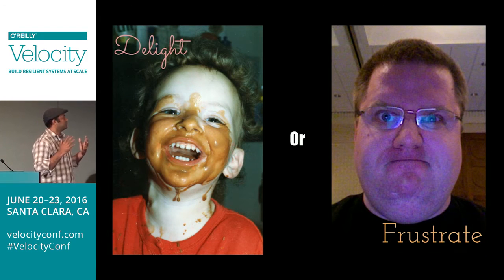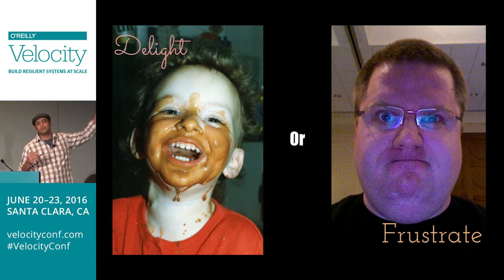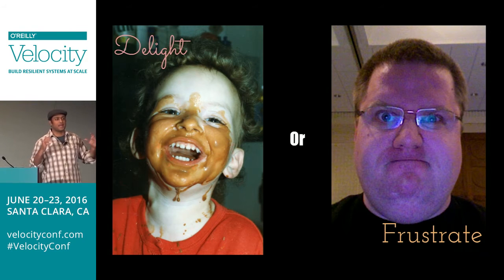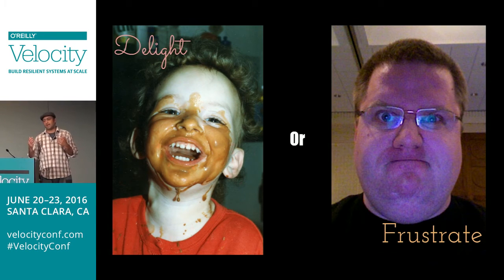So what does the user actually care about? When you're delivering a user experience, it could either delight the user or it could frustrate them. And that difference is really what's going to end up affecting how the user interacts with your site, whether they come back, whether they buy something, the value of things they buy, whether they click like on Facebook or don't like. Does Facebook have a don't like button now?